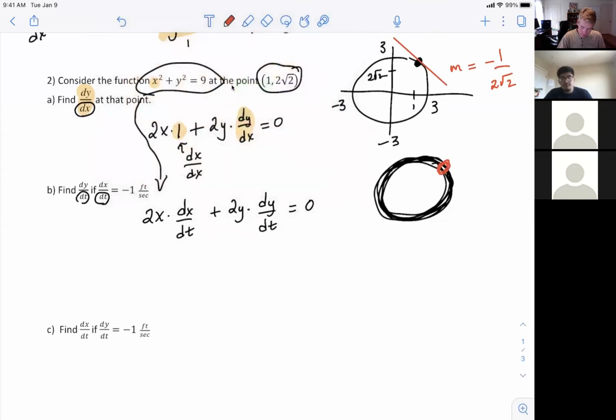So let's say this red dot right here is the object, and it's going around the circle. As it moves, let's say it moves from the first dot to the second dot. So it's going this direction. In that case, the red dot had to move to the left and it had to move up.